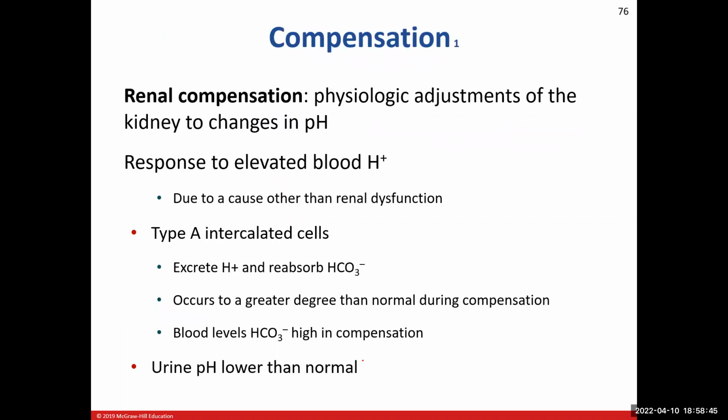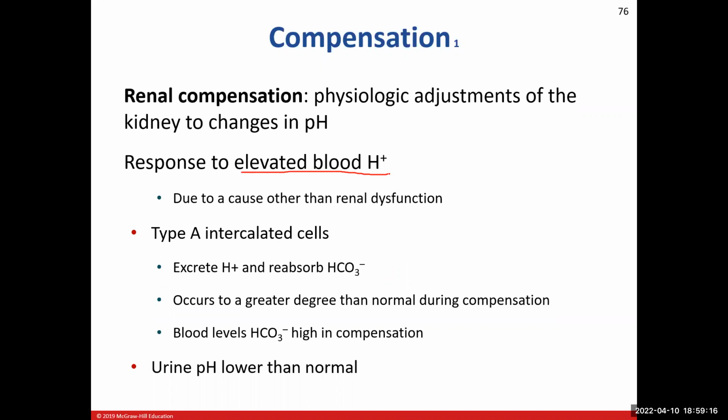So how does the body deal with this? It's going to rely on the kidneys and the lungs, primarily the kidneys. Those are going to be the physiological response mechanisms to the changes in the pH. If our pH levels drop, or if our hydrogen ion concentration in our blood increases, then the kidneys are going to try to work on this.